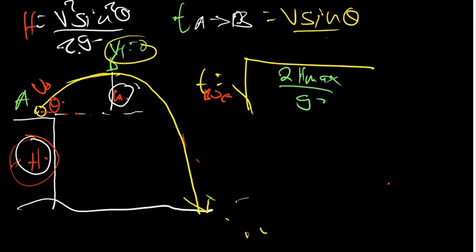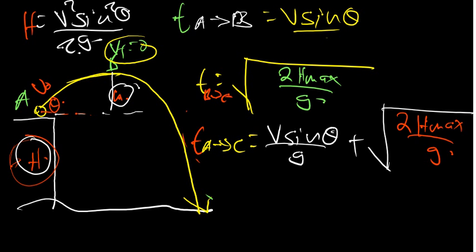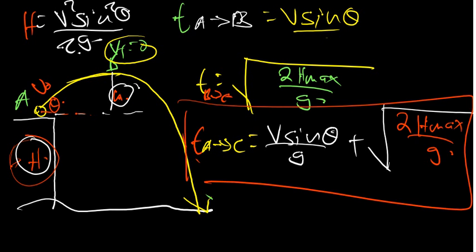The time from A to C is going to be equal to V sine theta divided by g plus the square root of 2h max, everything divided by g. This is the formula which is going to help us find the time in this type of trajectory.